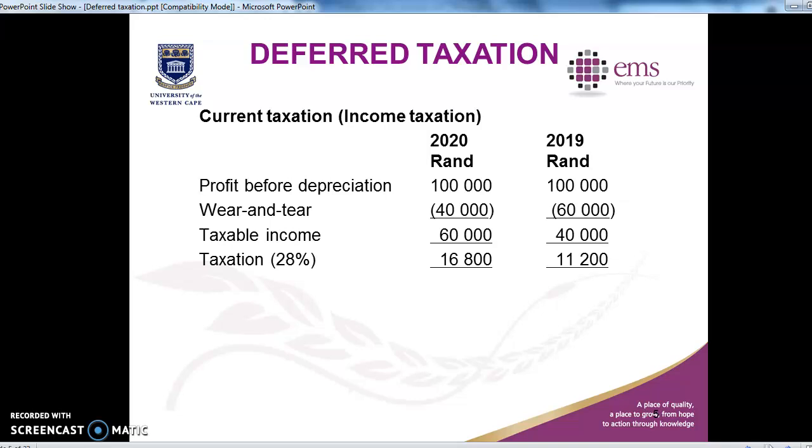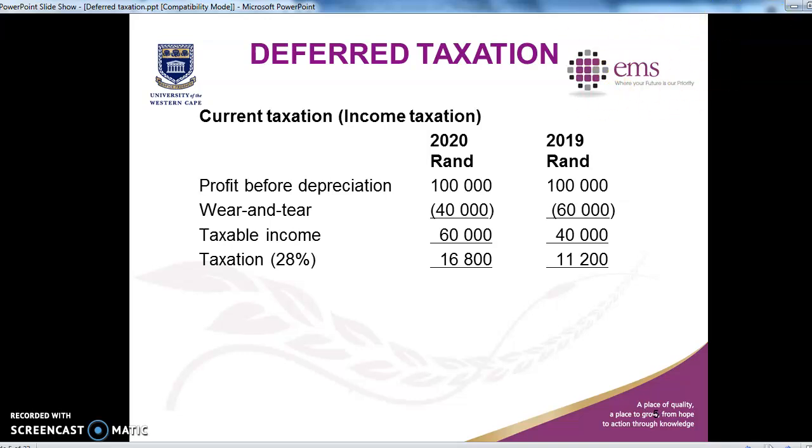Sorry, I'm doing 2020. For 2020, 100,000 is our profit before depreciation, wear and tear is 40,000, so our taxable income for 2020 is 60,000. For 2019, wear and tear is 60,000, so it's 40,000. Then we calculate our current tax based on our taxable income at 28%.